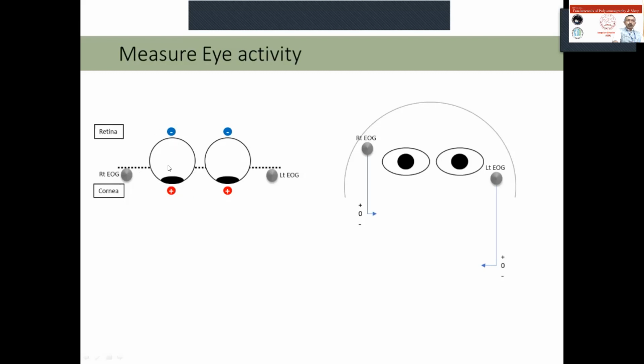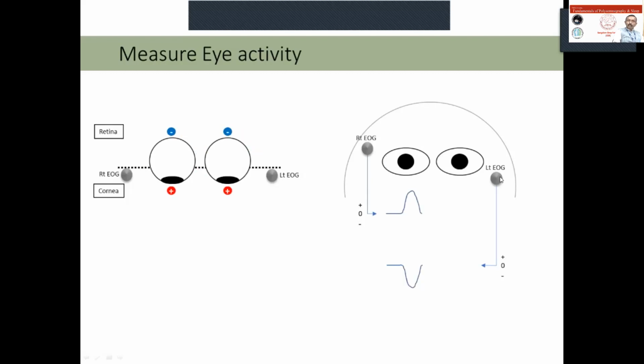Now, this is a highly positive region. If you keep a sensor close enough to the eye, whenever the eye moves towards that electrode, you will start seeing a positive deflection. So for this eye, the eye moved towards this electrode, so it will go in the positive direction.